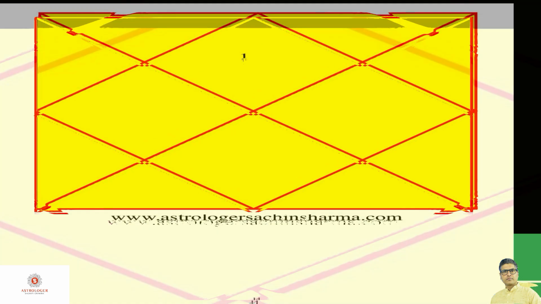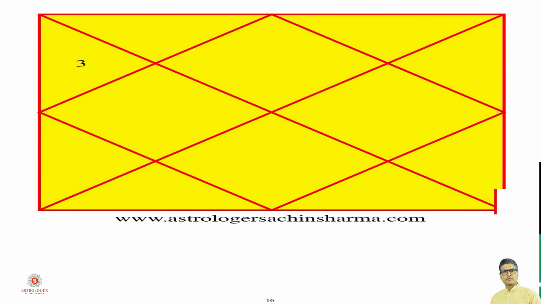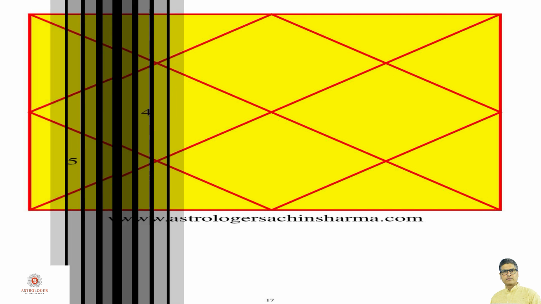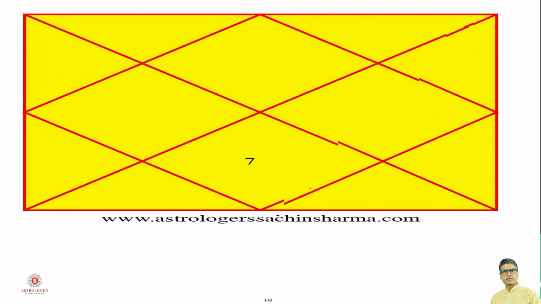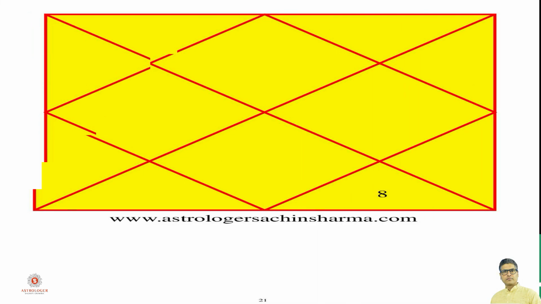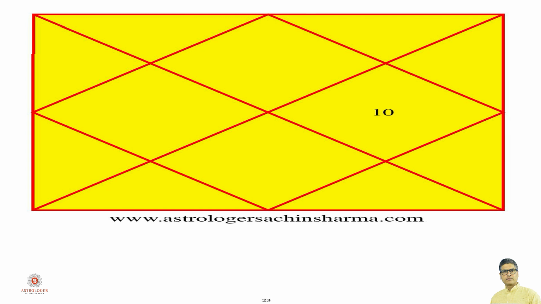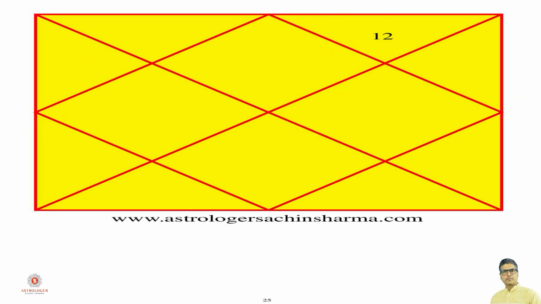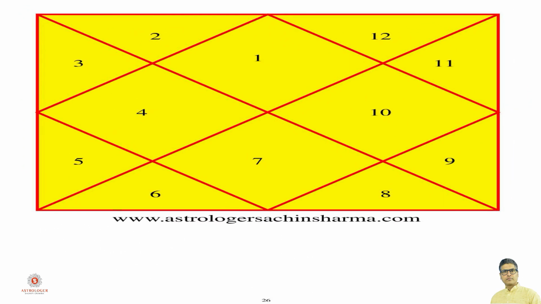This is the first house, this is our second house, third house, fourth house, fifth house, sixth house, seventh house, eighth house, ninth house, 10th house, 11th house, and this is our 12th house. So this is the birth chart representing the numbers of houses.